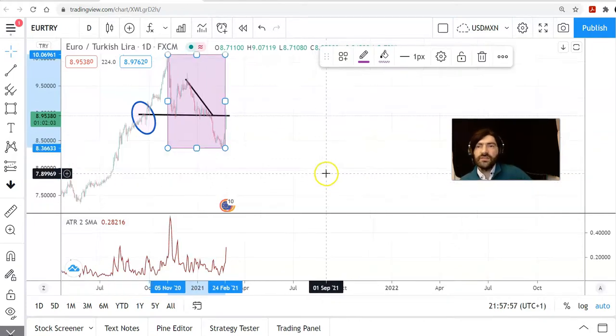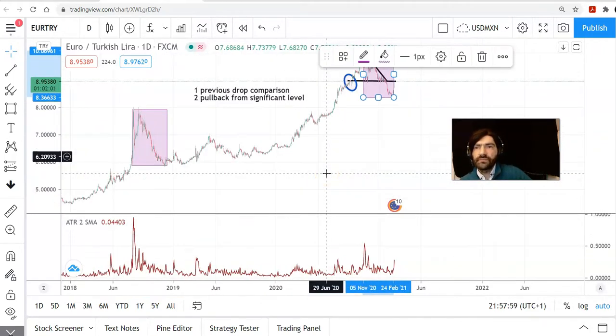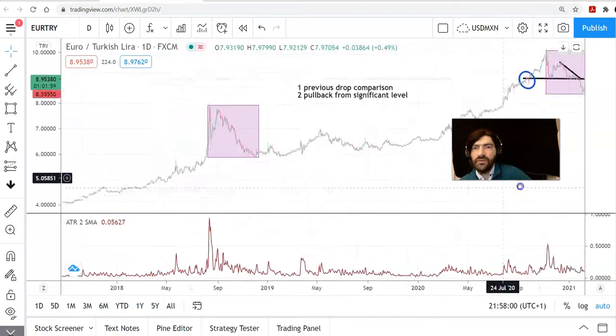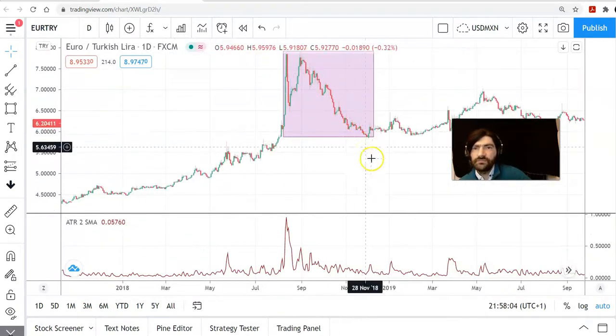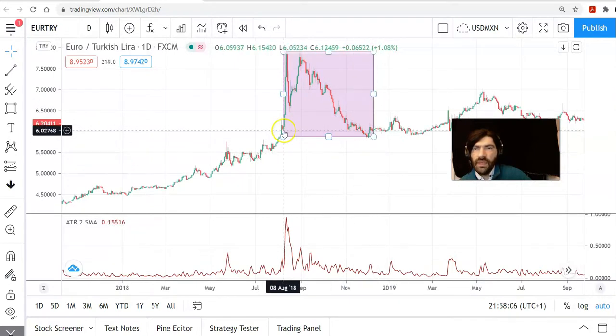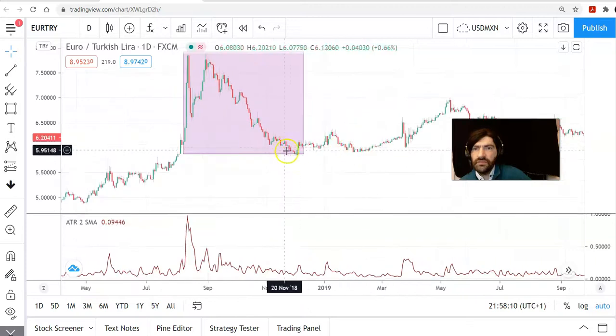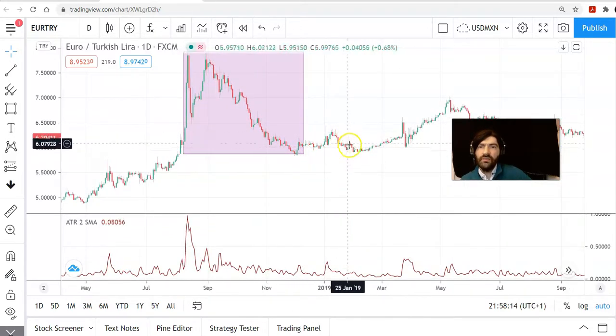So that gives us two things to look at. One, what was the shape of the previous move? It was straight down, and then down to this level, which then became support. And then we had a throwback, and then continued higher.